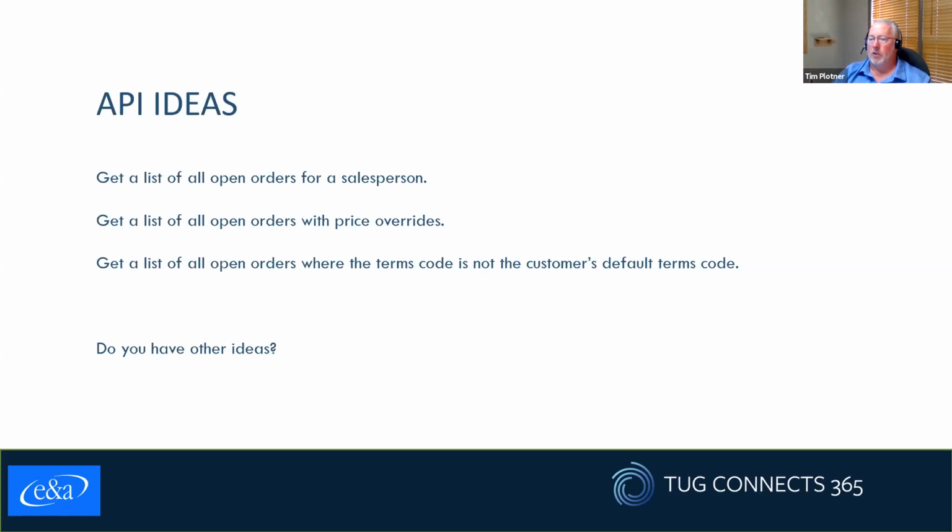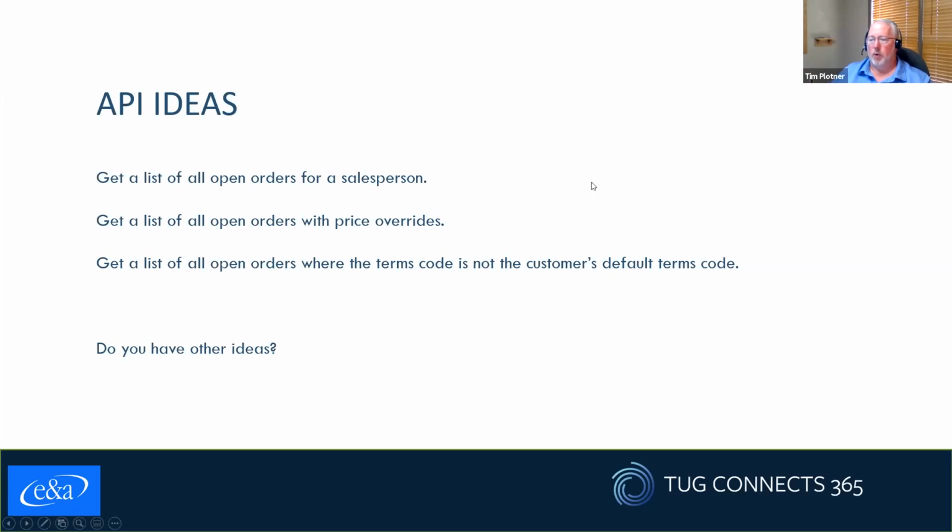Now, the CRM might actually just automatically access that API and pull those open orders in. But if you didn't have it that tightly integrated, you just wanted to click a button, that button could generate an API call giving FACTS the company and the salesperson, and it would send back in an XML file to the CRM the list of open orders for that salesperson.